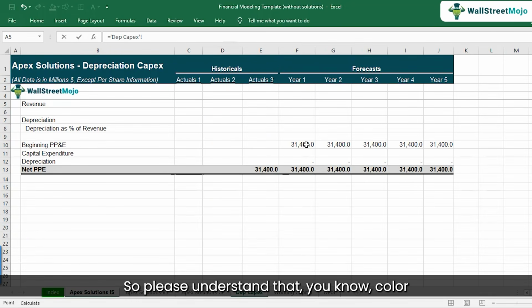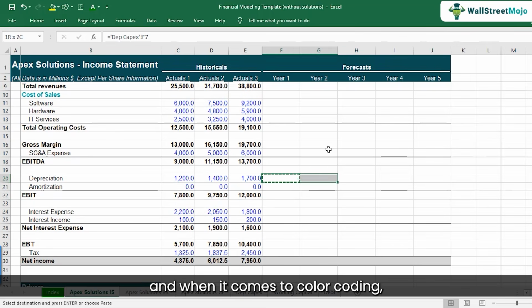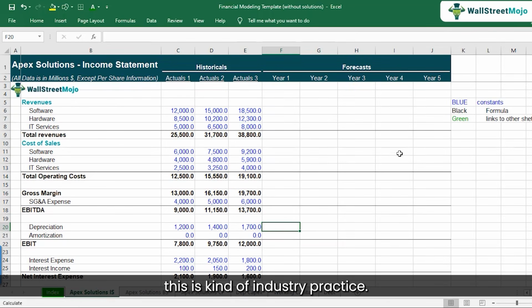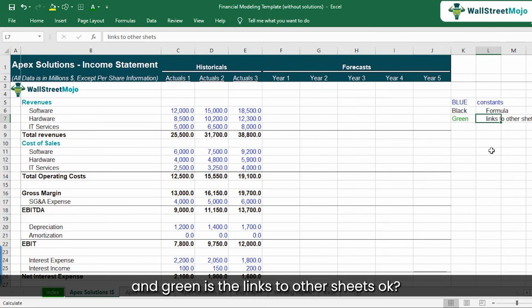Okay, so please understand that color codings are super important, and this is kind of an industry practice. Blue is for constants, black is for the formulas, and green is the links to other sheets. So we'll follow these nomenclatures and standard practices in our model as well.